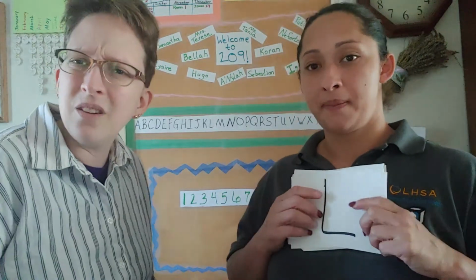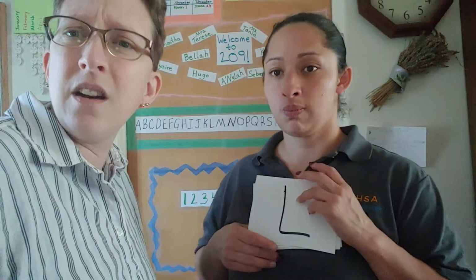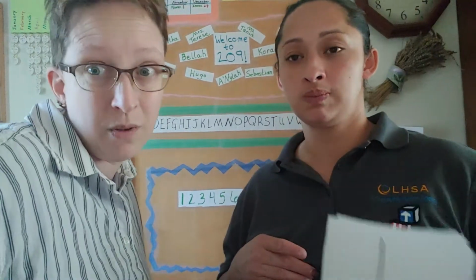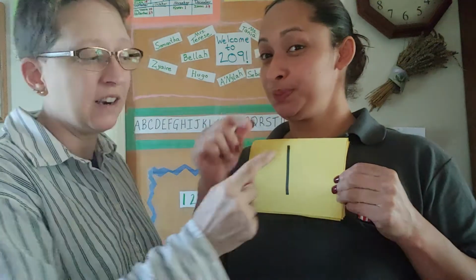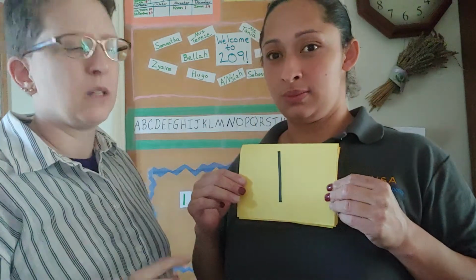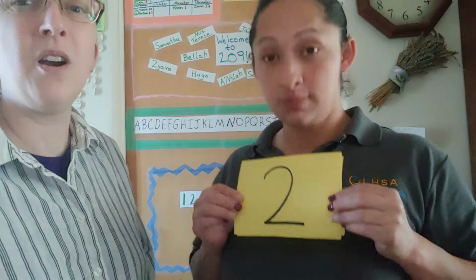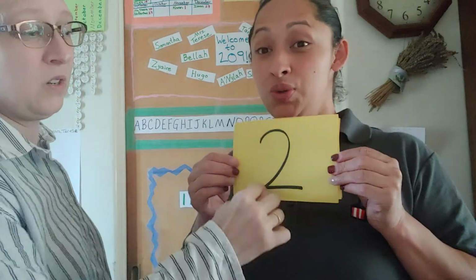All right, kiddos. Let's move on to our numbers. We're going to start our numbers today. We're going to start with number 1. Numero uno. All right, let's see. How many smiley faces would that be? 1 smiley face. All right, number 2.